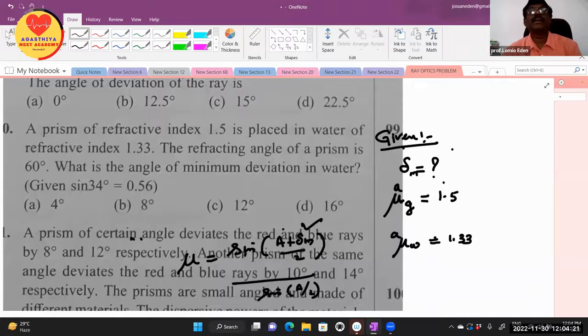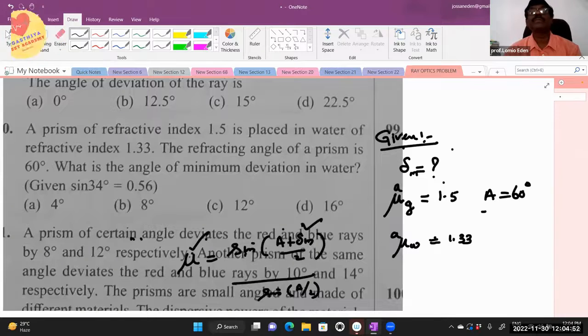Here, the refracting angle of the prism A is given as 60 degrees. The only unknown value is mu. The refractive index of the glass prism is given, and the refractive index of the water is given.